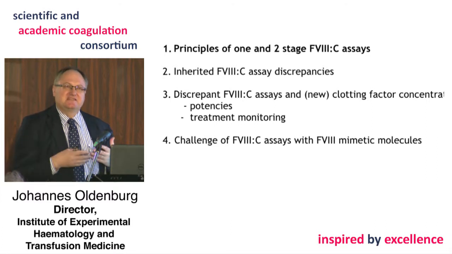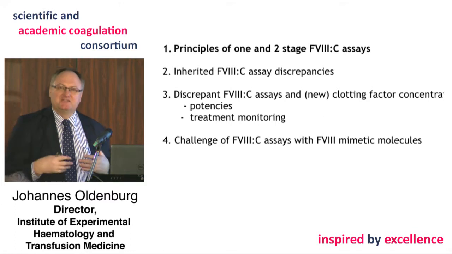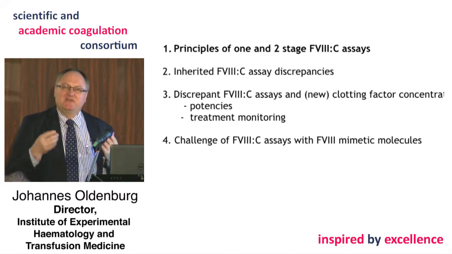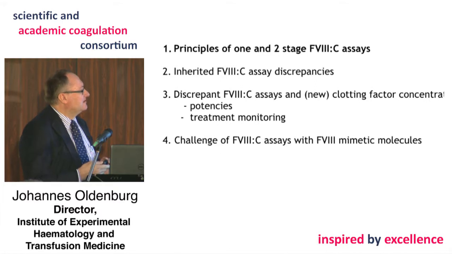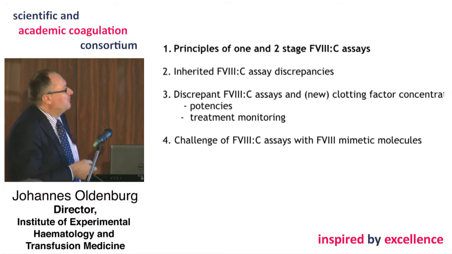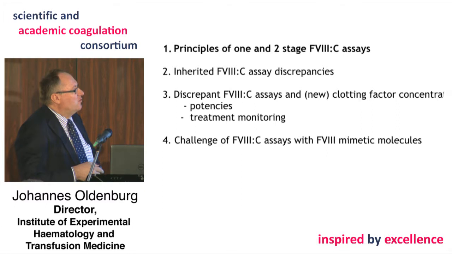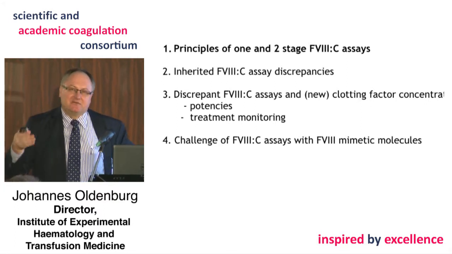Most of us, we are giving a sample to a central laboratory, and we are getting back a value. We do not really know always what this value means exactly, but we are basing our treatment on this value. And I will go through a few points, like the principles of the one-stage and the chromogenic factor VIII assay, show examples where assay discrepancies are inherited.